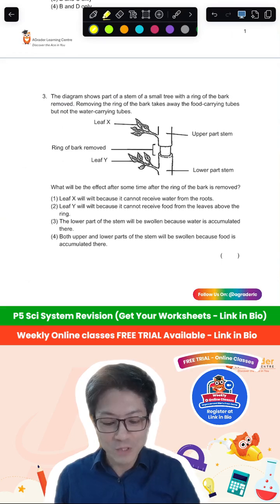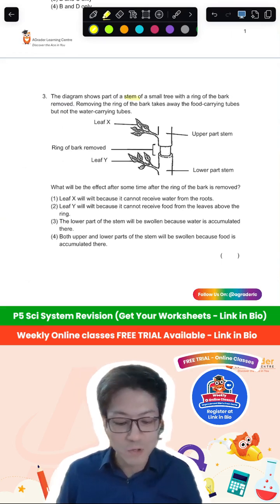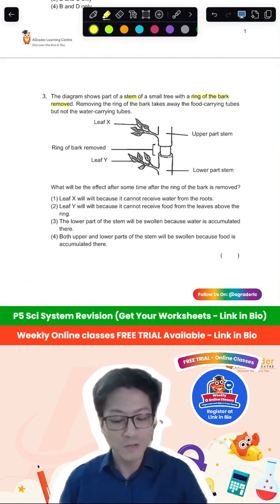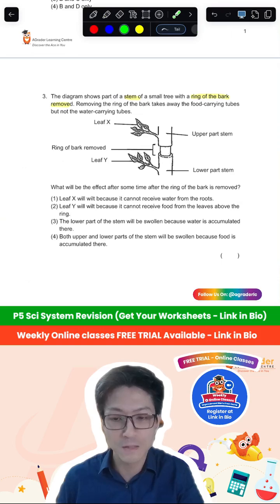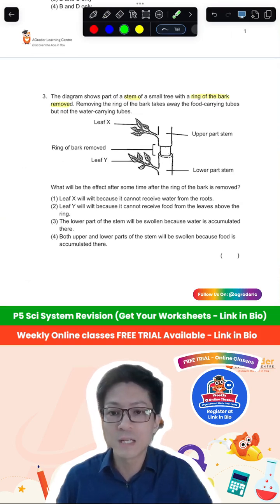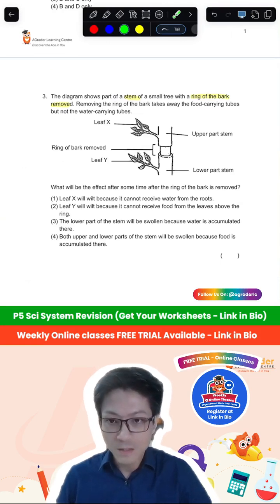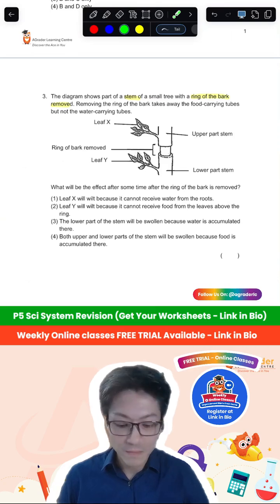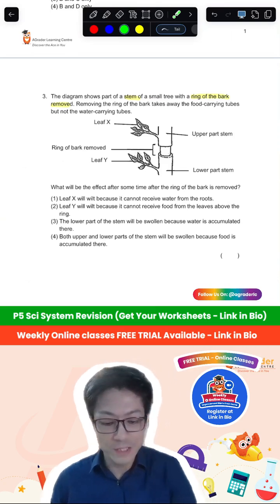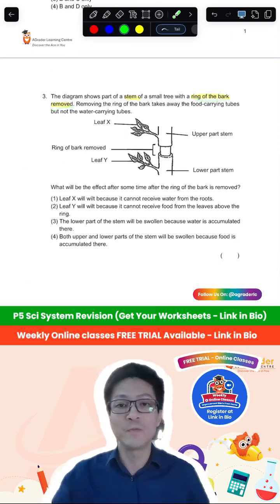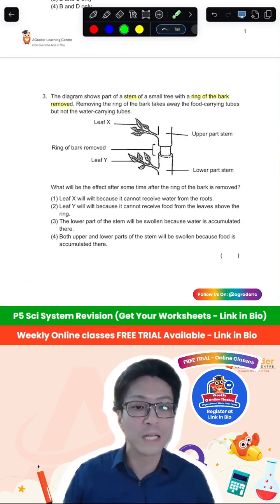The diagram shows part of a stem of a small tree with a ring of bark that is removed. So very classical question, right? Whenever you see the question say a ring of bark is removed, then it's either the food carrying tube or the water carrying tube that is removed.